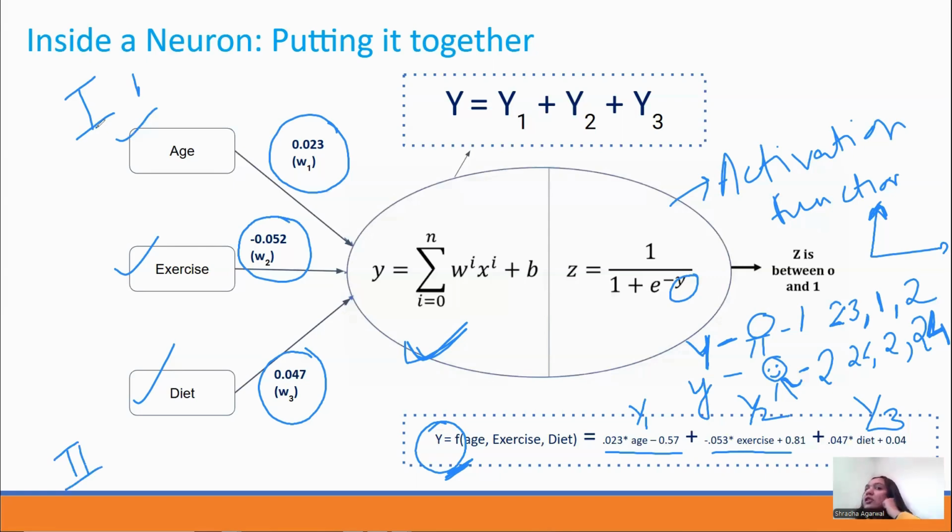And that will also give me some y. And I'm able to plot those y together using a sigmoid function. And like this, I can have many y's. And I make a sigmoid function like this. So this is the idea behind the activation function.